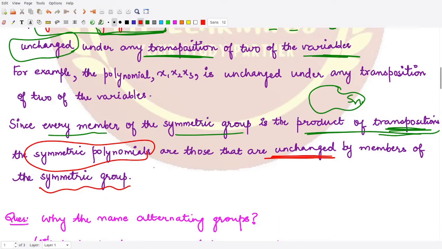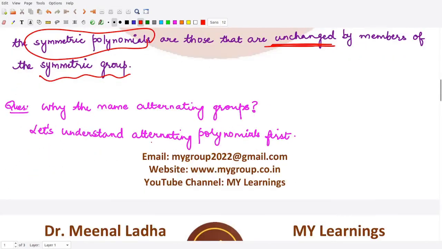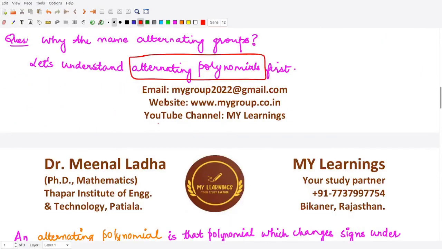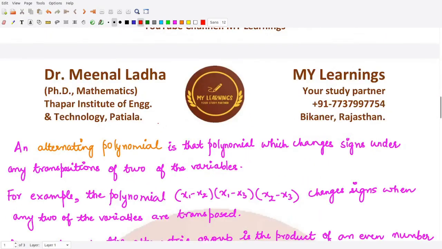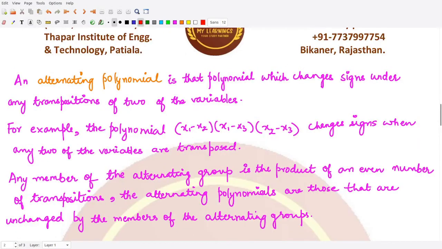In a similar sense, we can define the alternating groups also. Why is the name alternating group given to these groups? In order to understand them, we first of all need to understand what alternating polynomials are. The concept here is almost the same. An alternating polynomial is a polynomial which changes sign under any transposition of two variables.